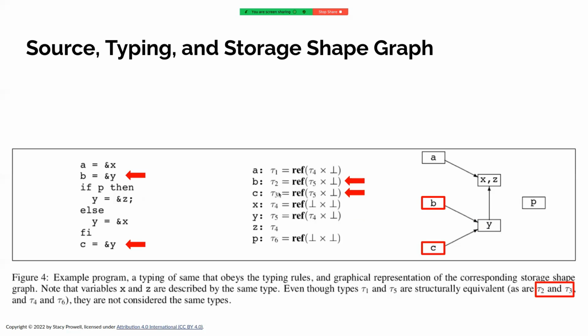That gets back to what we were talking about in the previous class of over-constraining. We don't want these to have to be the same, because in your program there could be many places where you've got a data structure that's a reference to, let's say, an image stored in memory. Those don't have to be the same type. You have different types for those, so they're not considered the same type. Also, T4 and T6 are both primitives, but we don't know what they are.